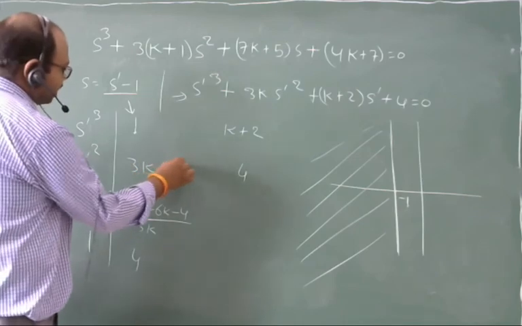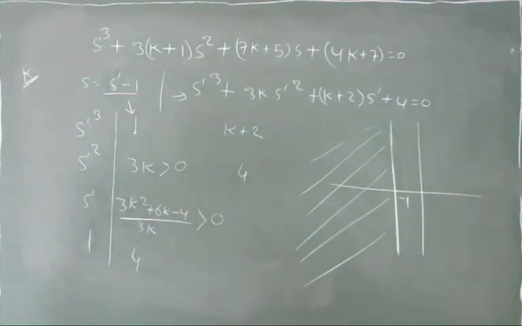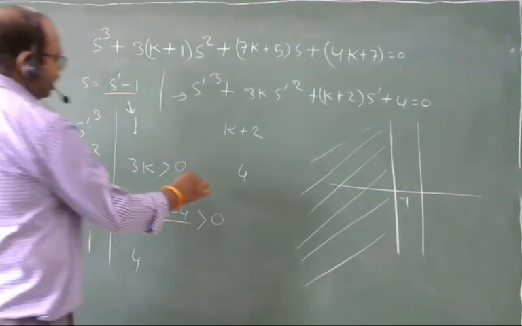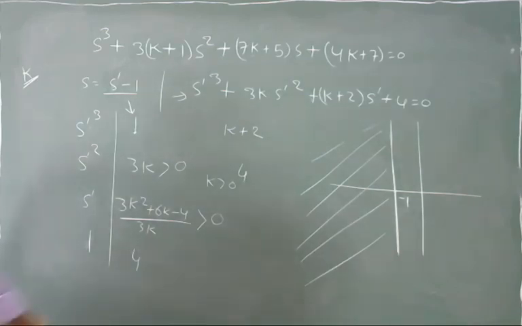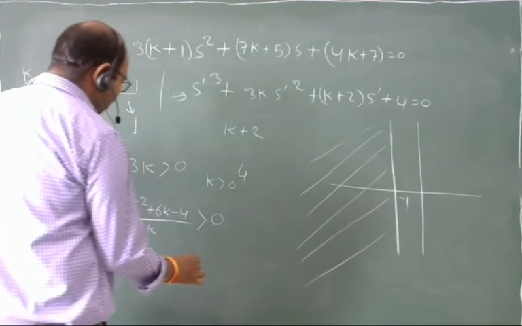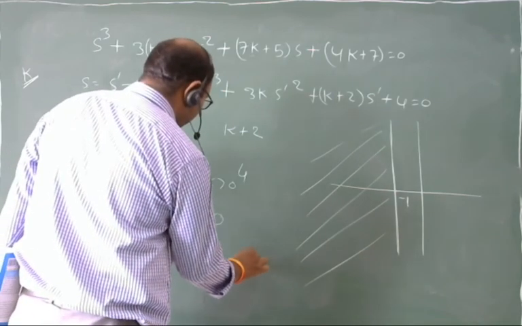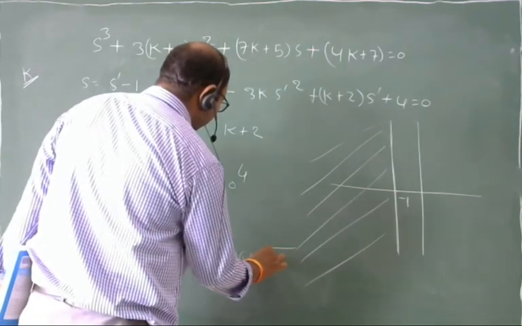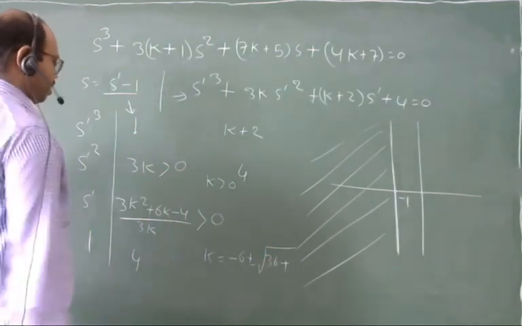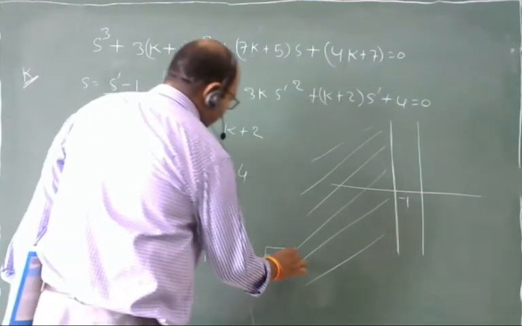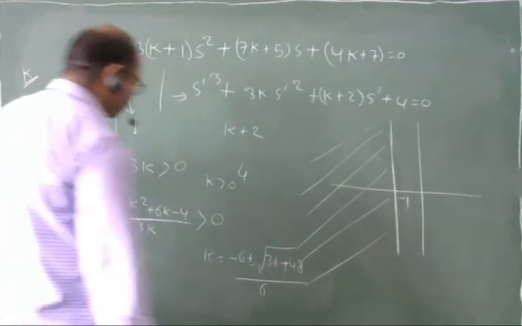So for all the roots to lie in the left half of S is equal to minus 1 line, this should be greater than 0 and this should be greater than 0. And from here k is greater than 0, and from here k is equal to (minus 6 plus minus under root 36 plus 48) divided by 6.